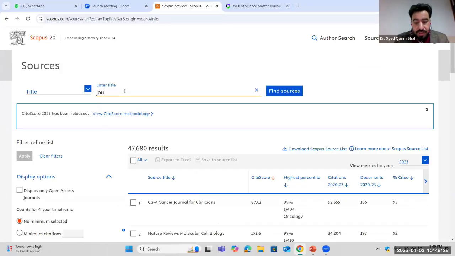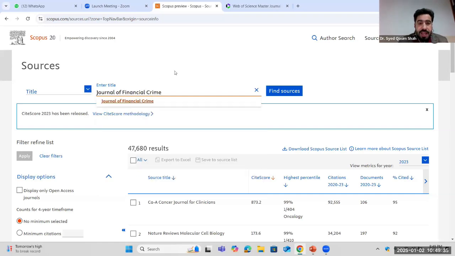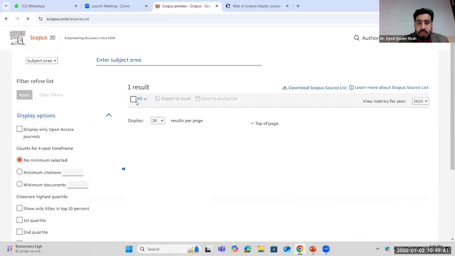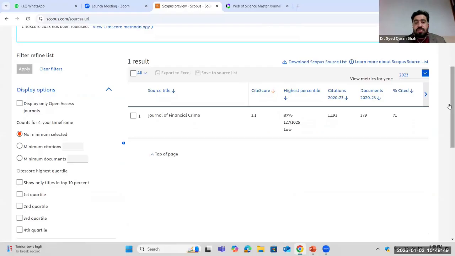Let's say Journal of Financial Crime. You see, the moment I write this name, it means this journal is one of the Scopus based journals. I got some information about the Journal of Financial Crime.